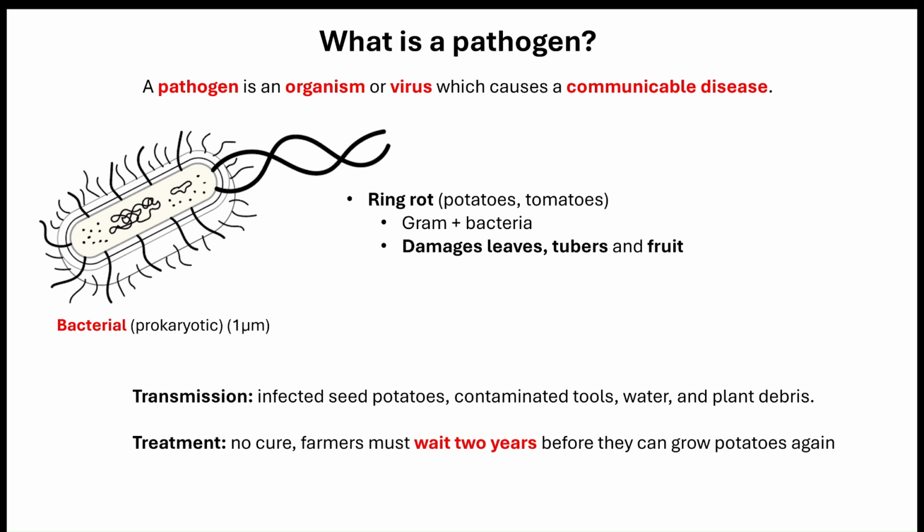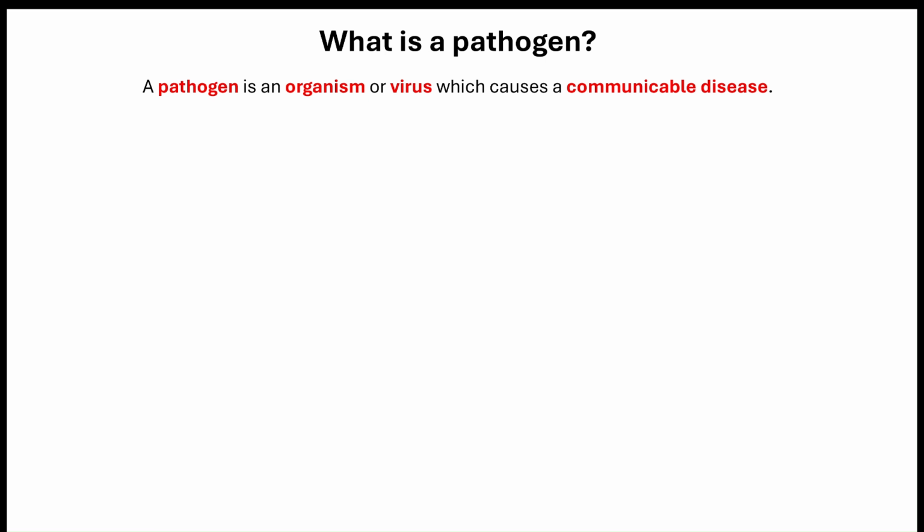So it's important to note that there are potentially some time periods that you need to wait. If they are going to ask a question about this, it will be, as I've said before, them giving you some information and then expecting you to pull out from that what they could do to prevent it.